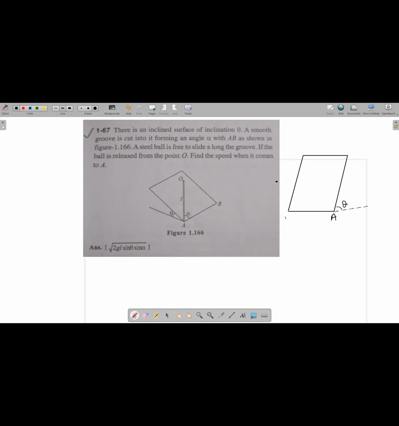Yeah, it is in 3D. So this is the plane that makes theta angle with the horizontal. Imagine it. Now, a groove is cut that starts from A, like this.